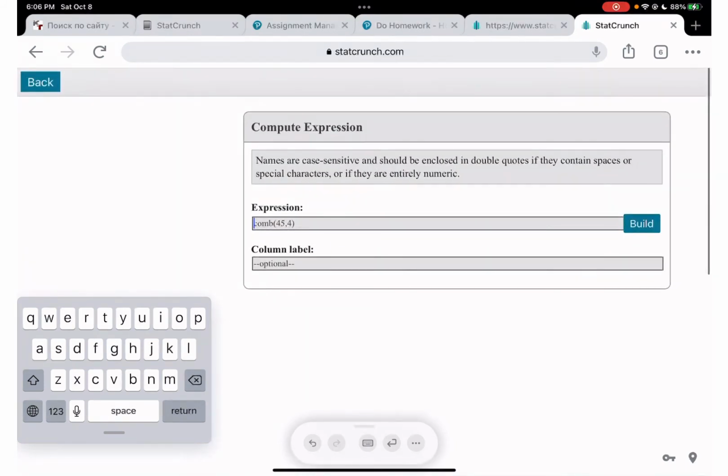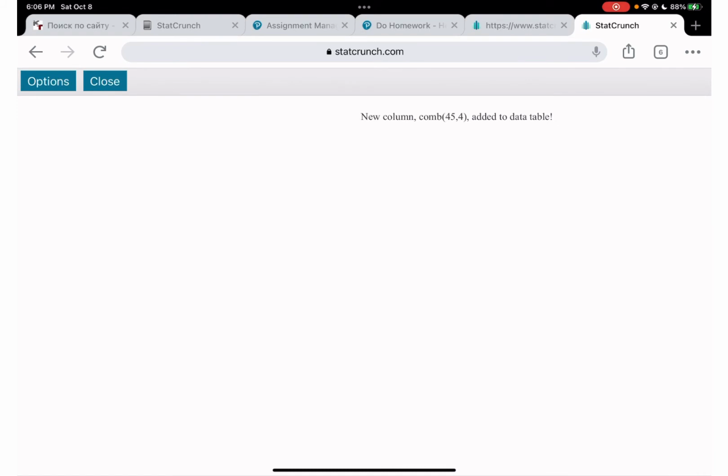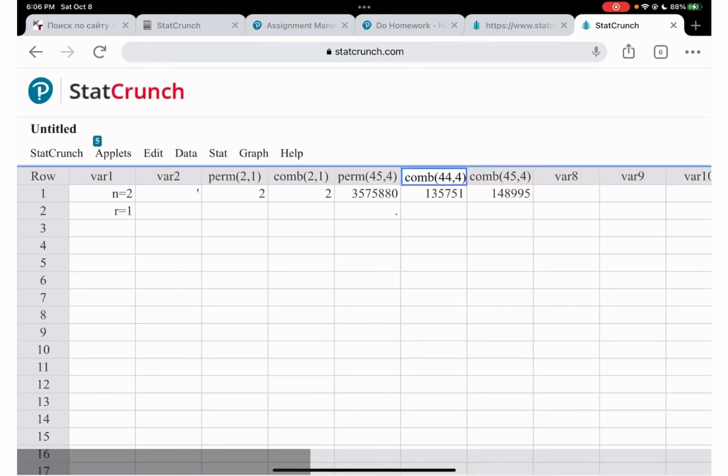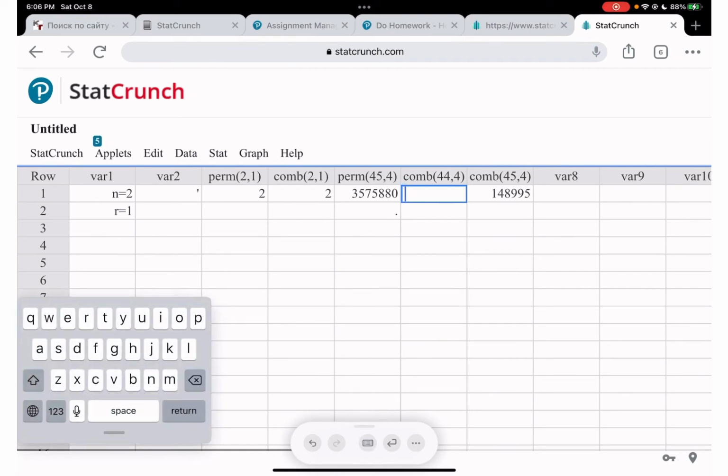Syntax. Okay, closing. Here we go, 148,000. Let me clean this one because this was the wrong one. Okay, same permutation 4 out of 45, and combination 4 out of 45. As you can see, permutation gives you much more options.